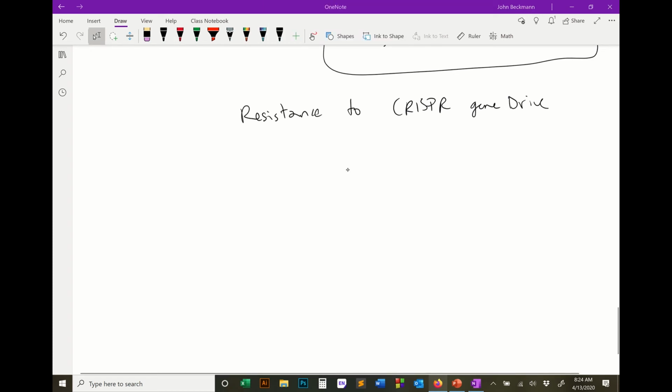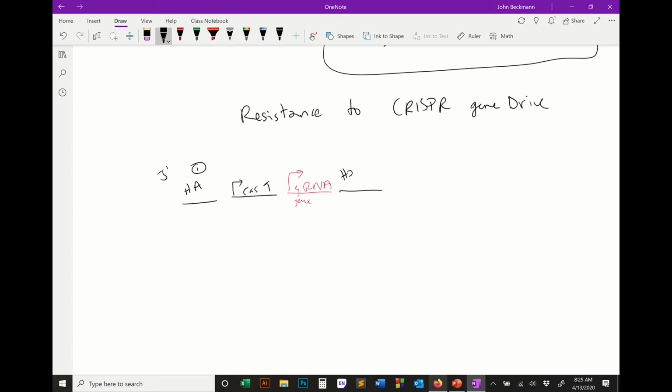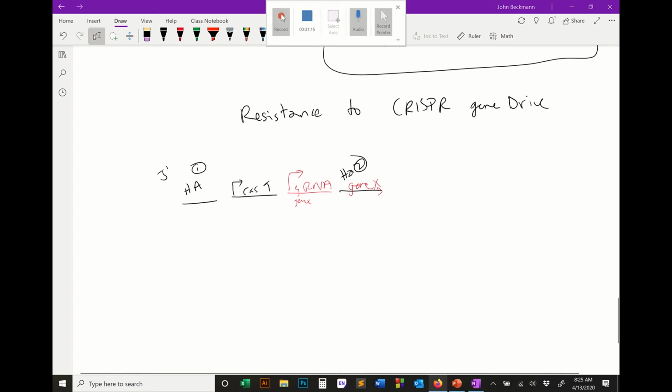So let's just draw it out again. Our construct is a homology arm 1, our Cas9, our guide RNA, which targets gene X, and our homology arm 2, which is in fact a transgenic gene X. Let's talk about how resistance evolves to the spreading of this construct.